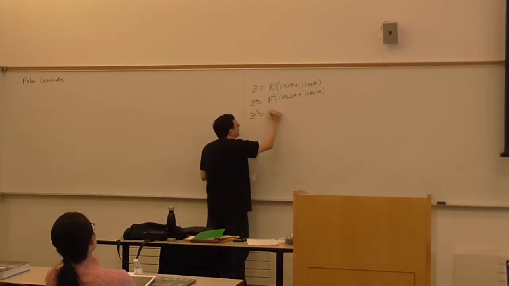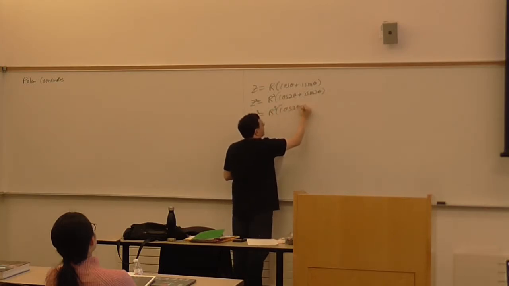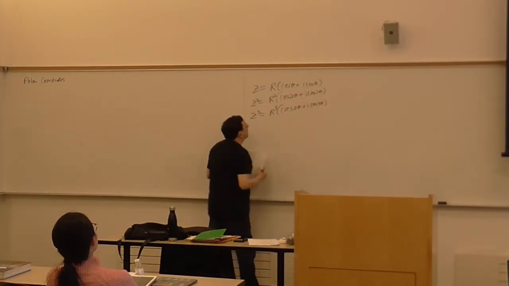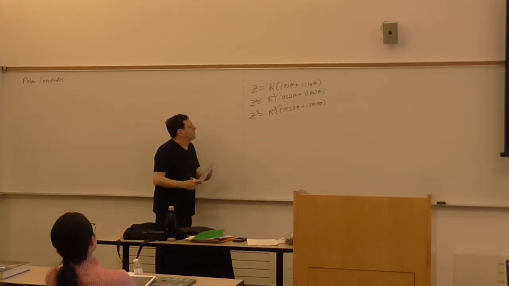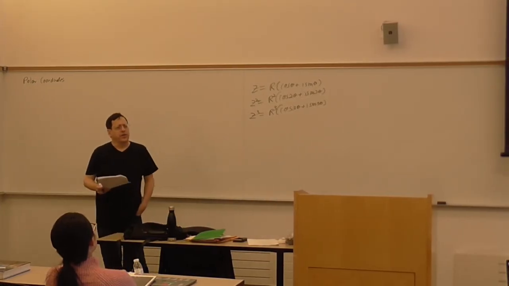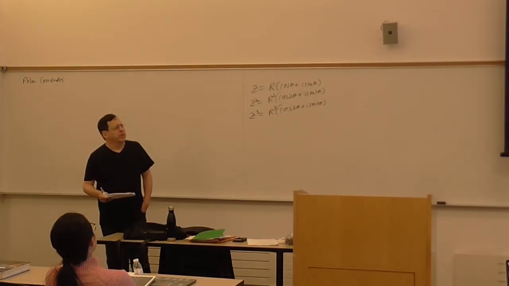I go to 3, doesn't really change much, right? It just becomes 3 theta plus i sine 3 theta. So anyone here remember what proof by induction is? We can skip that.